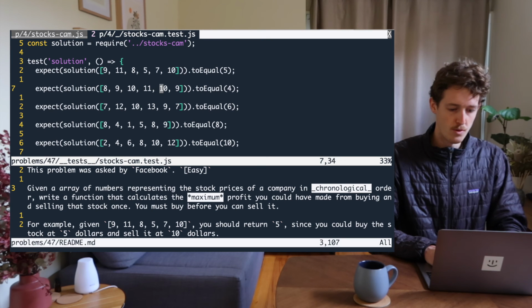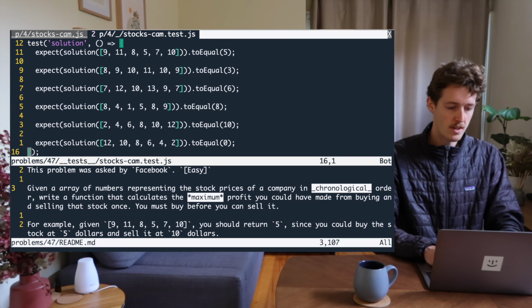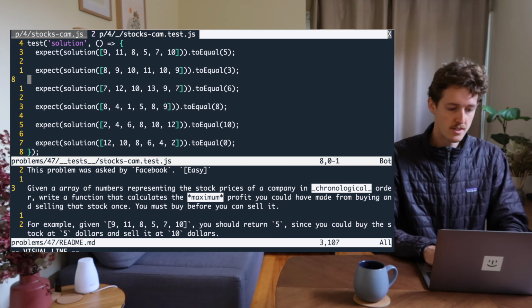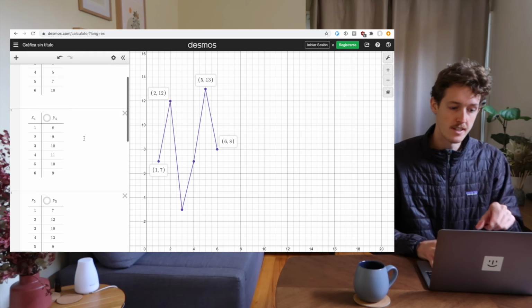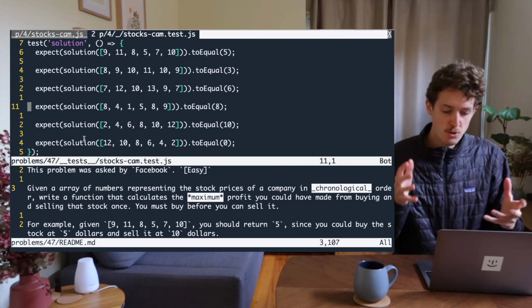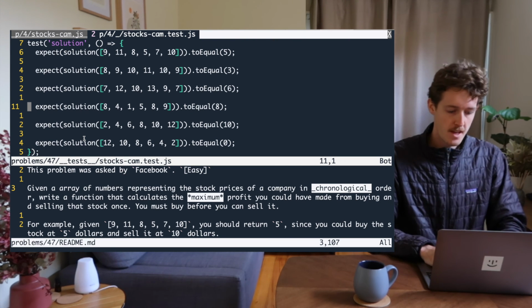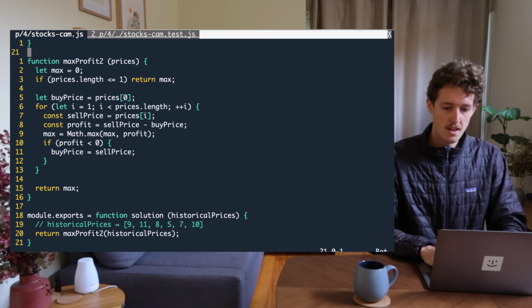I said 4, but you're right, in fact that's 3. Sweet. So each of these solutions pass, and each of them maps to each graph that I've defined here in Desmos. So that's good, right? We've got solutions that are working, and we've now got this optimized solution.